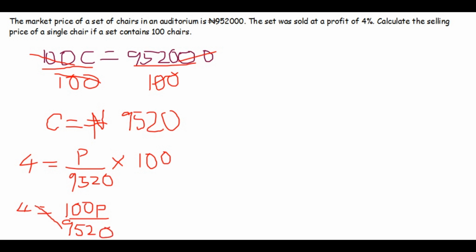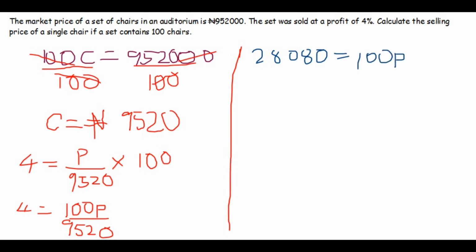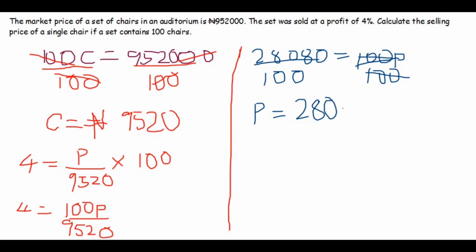If I cross multiply, 4 will multiply 9,520 to give 38,080, which is equal to 100P. If I divide both sides by 100, this will cancel out this, and P will be equal to 380.8 naira. So this was the profit made from a single chair.